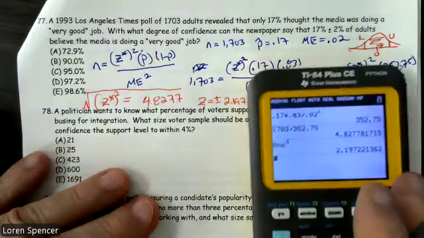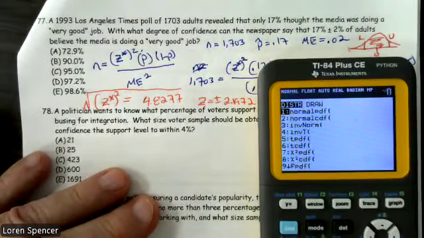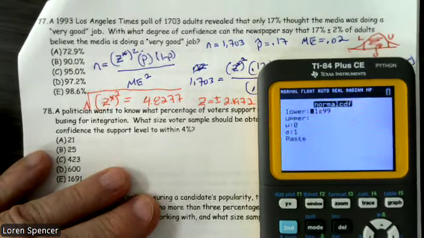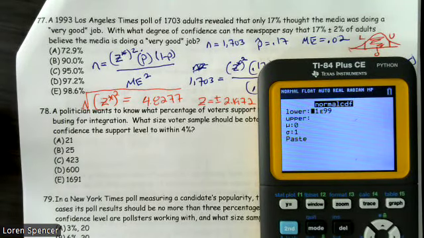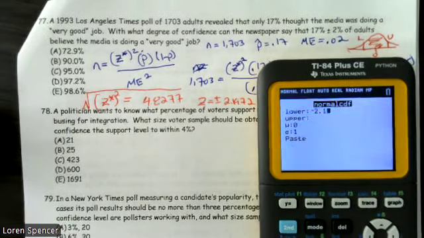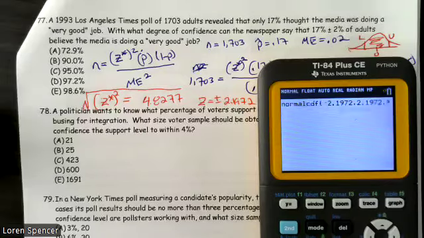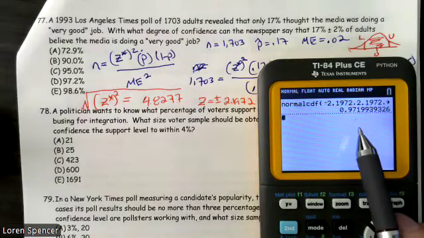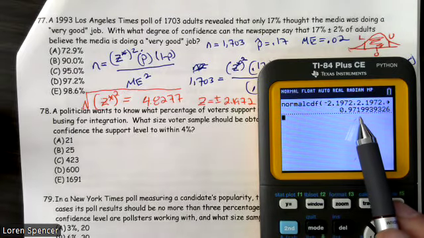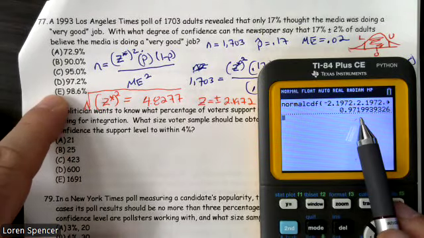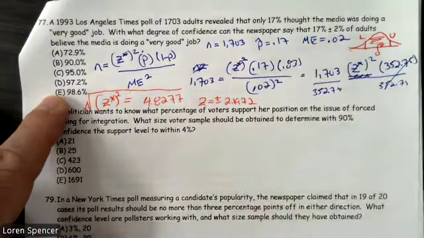So I can do a norm CDF. So second vars, norm CDF, lower bound, negative 2.1972, upper bound 2.1972, mean is 0, standard deviation of 1. And I end up with about 97.2%. So my best answer choice for 77 is D.